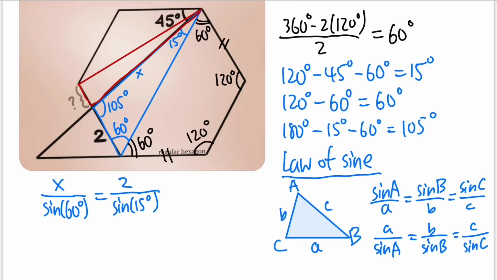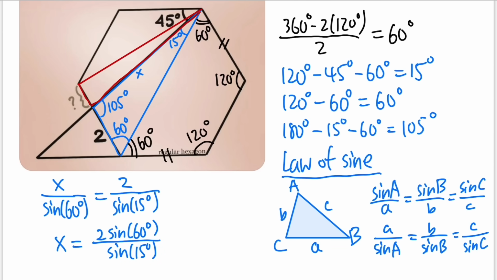And I'm not going to simplify anything until the very end. Right here, I'm just going to tell you x is equal to, multiply sine of 60 degrees on both sides, so we have 2 sine of 60 degrees over sine of 15 degrees. So that's what x is.